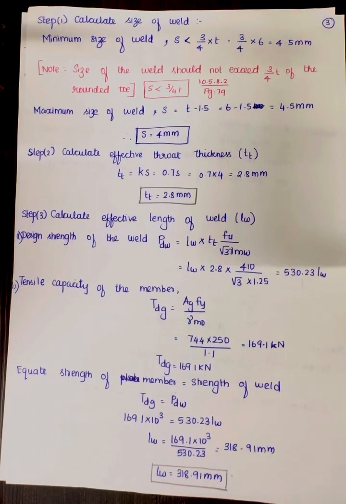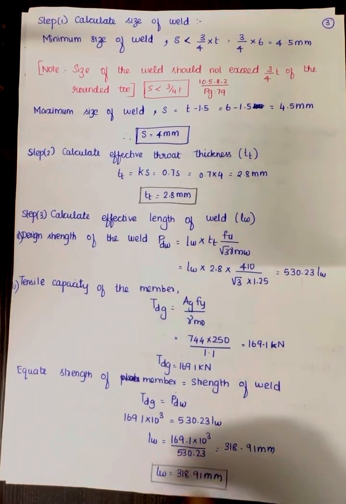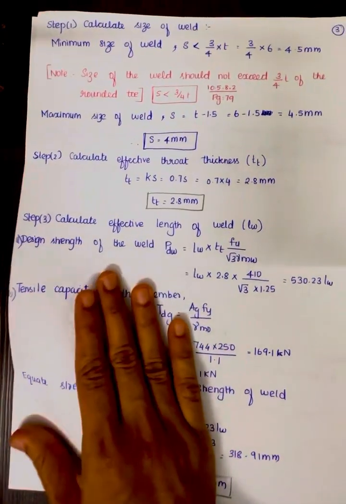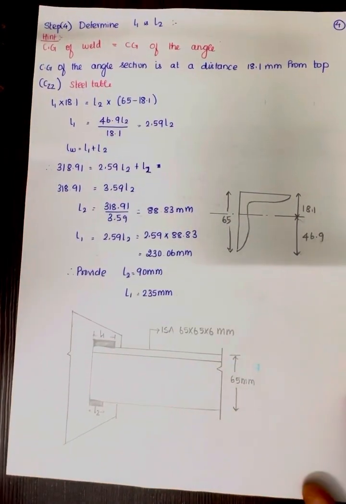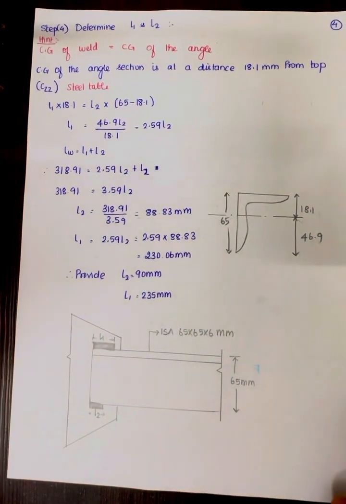But if it was of uniform length, you would have simply divided it by 2 and provided on both the sides. But it is of unequal length. So the fourth step will be little different. So determining L1 and L2. So what is a hint?